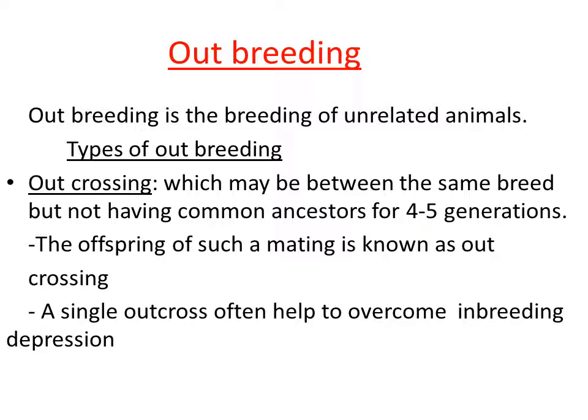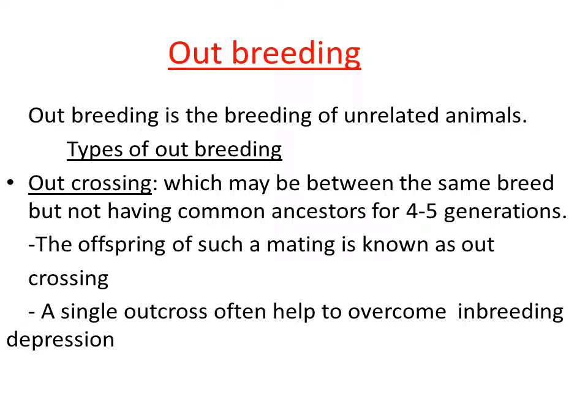Instead of allowing the animal to mate with relatives, it is allowed to mate with an unrelated animal belonging to the same breed. This kind of crossing helps to overcome inbreeding depression because they are exposed to a different genotype.